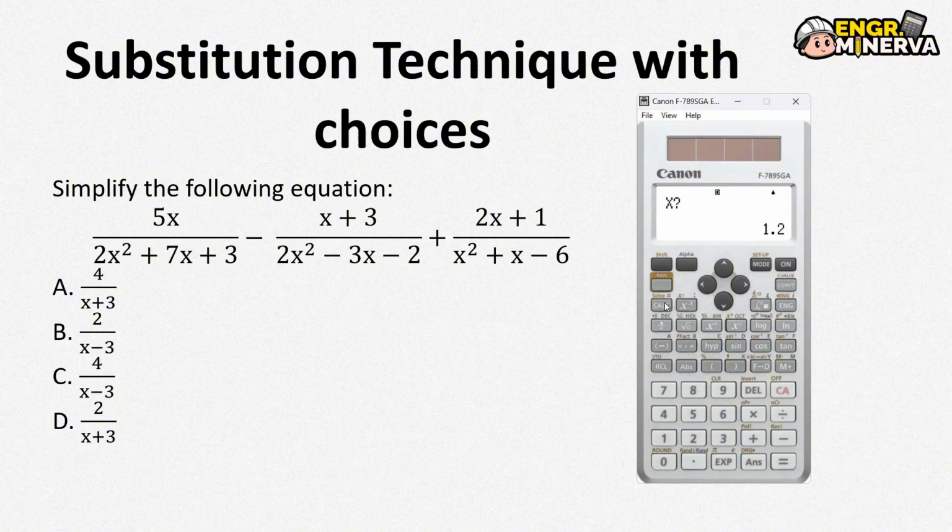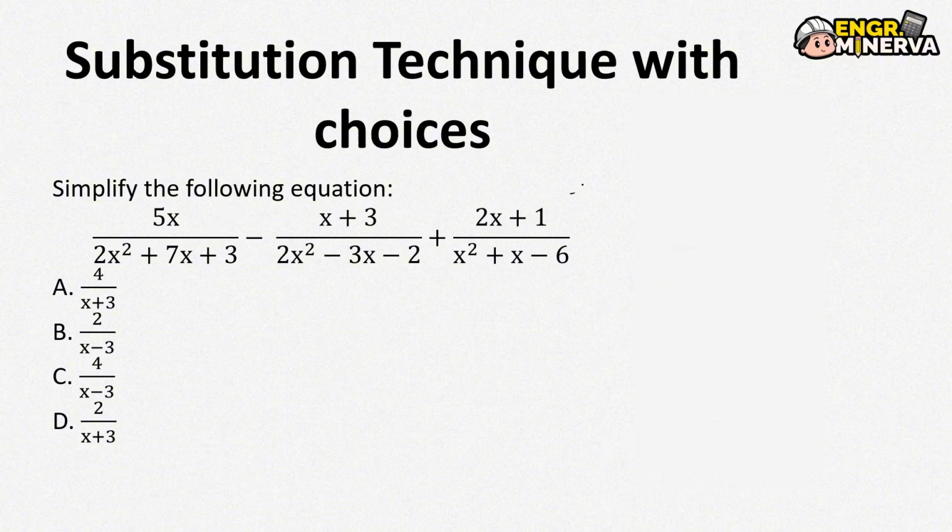Then you press calc. Again, we substitute a value that has a decimal place, so let's use 1.2 for x. There is only one variable in this type of equation. When we press equals, that is 20 over 21. So you take note of this value, 20 over 21.